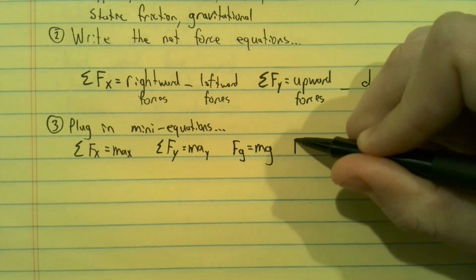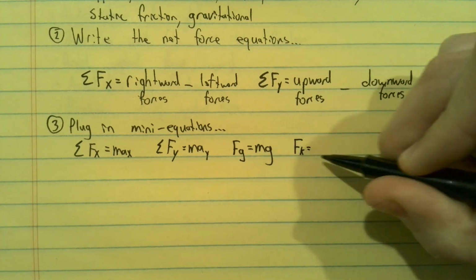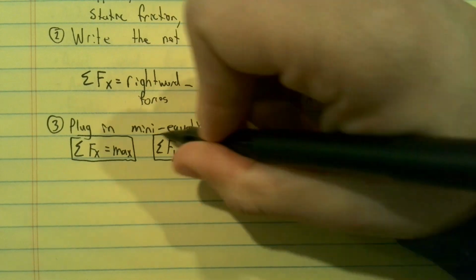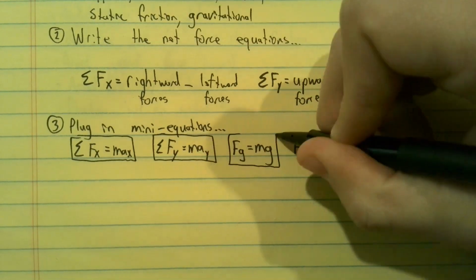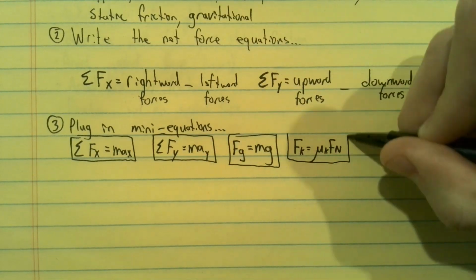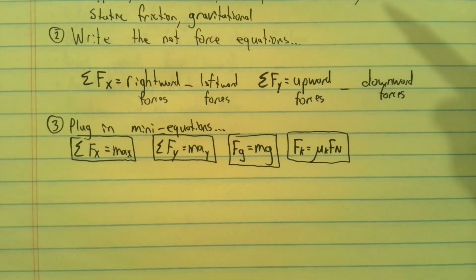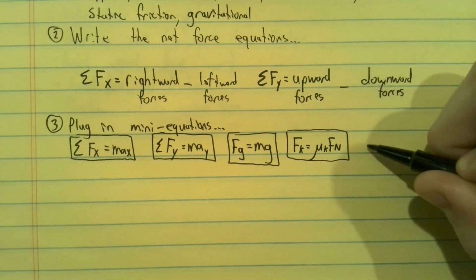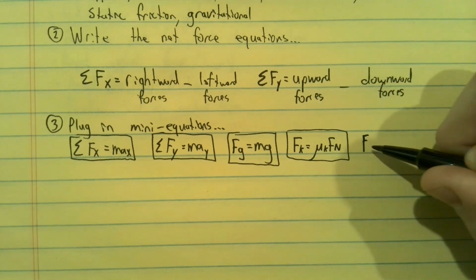What else? We have Fk equals mu k Fn. We could also have static friction.